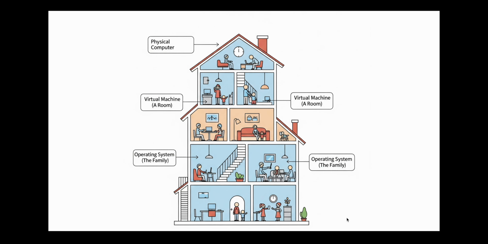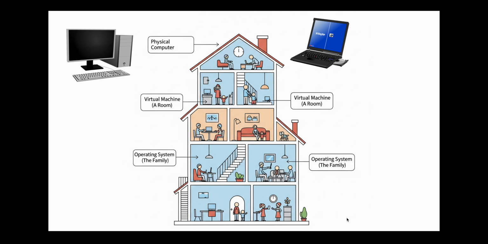So imagine that there is a very large house and we want to build small houses within that house for different families. In our case, that large house can be our laptop or our physical computer.